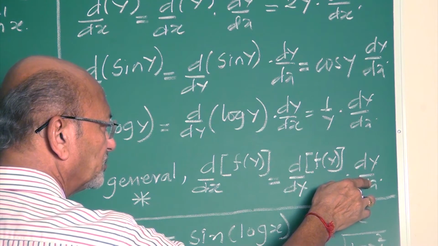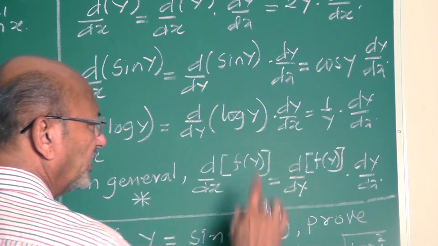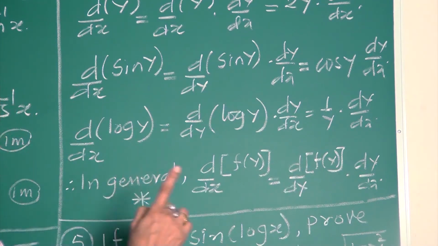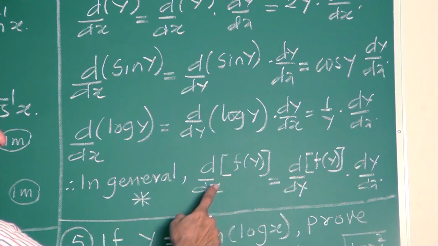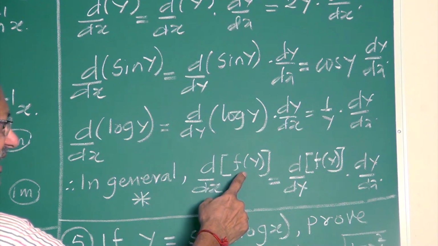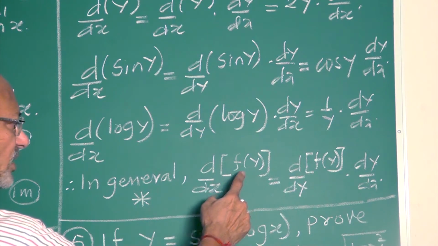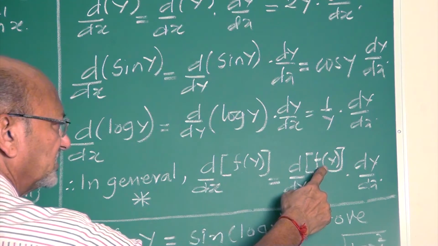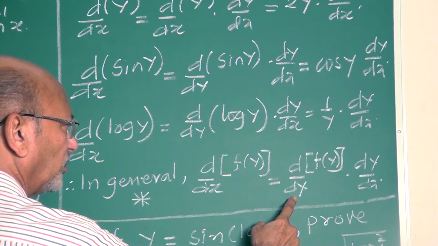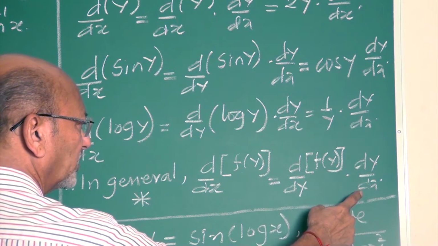The derivative of y with respect to x is always dy by dx. Remember, it is a function other than x. Here we have taken f of y. To differentiate a function of y with respect to x, first differentiate the function of y with respect to y, then y with respect to x.